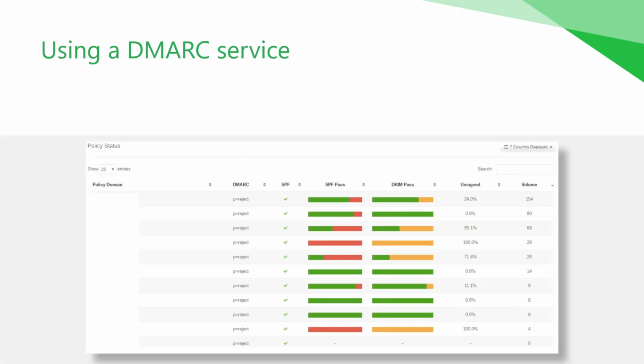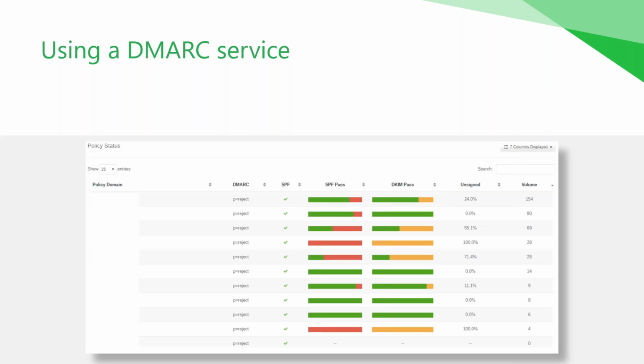For each domain in your policy record, you'll see the current status regarding their DMARC policy, whether SPF is enabled for that domain, and the pass-fail record for DMARC and DKIM. What you're seeing here is most, if not all, of the bars in red. Those are messages that are failing SPF.